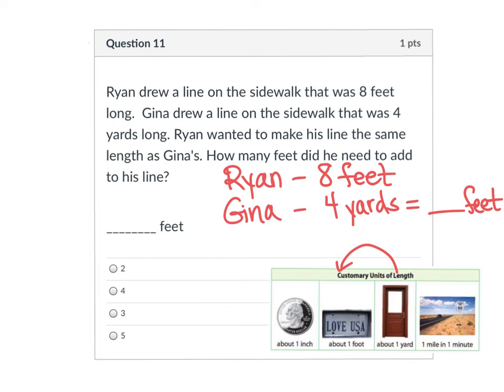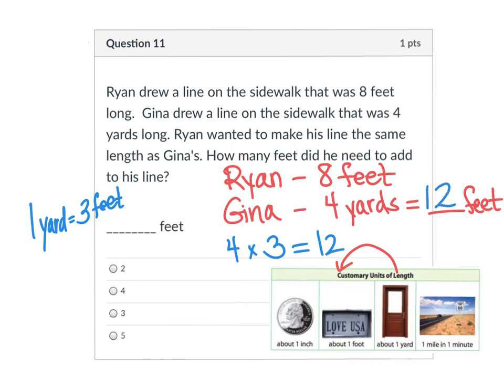So we're going to take our number that we know, 4 yards. And then for every yard, it is 3 feet. So 1 yard equals 3 feet if you look back in your chart. And so I have to multiply 4 times 3 to figure out, okay, Gina's line is 12 feet long.